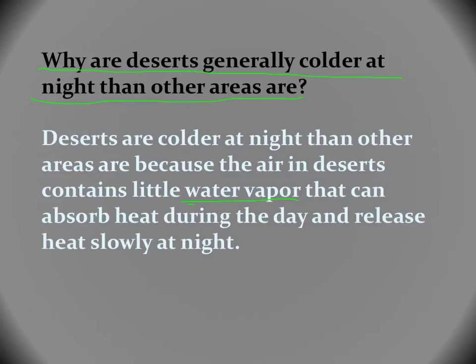And that's why deserts are cold at night, and this is all due to the same idea of solar radiation and reflection, conduction, and convection. So that's kind of how the Earth heats up, cools down, how the sun's rays interact with the Earth, and everything.